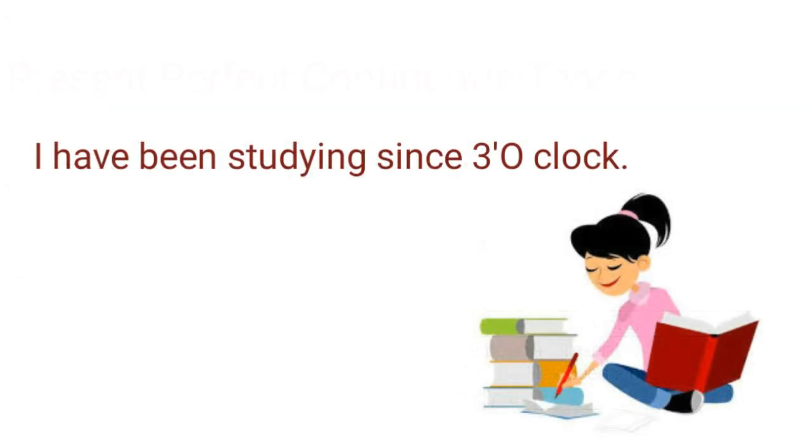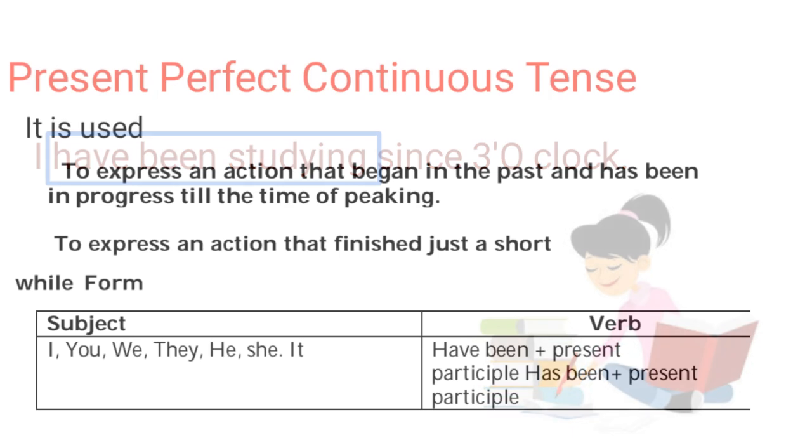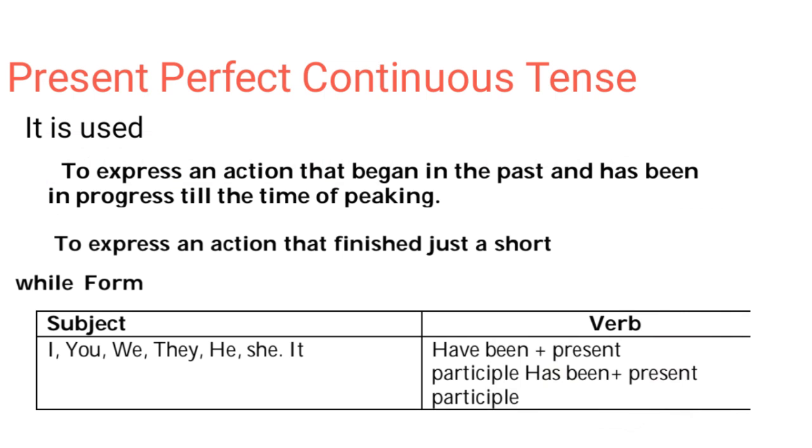Look at this example. I have been studying since 3 o'clock. So, since 3 o'clock, I have been studying. That is, the action began in the past and has been in progress till the time of speaking. Now we can look at the next usage, to express an action that finished just a short while, just a moment ago.